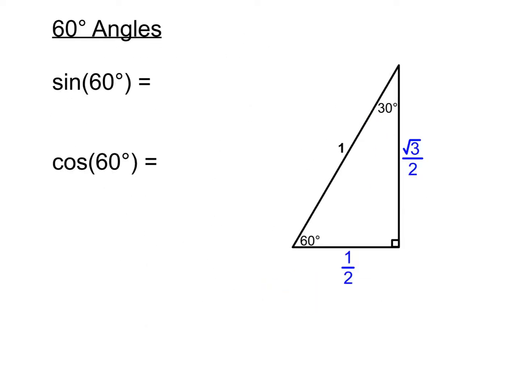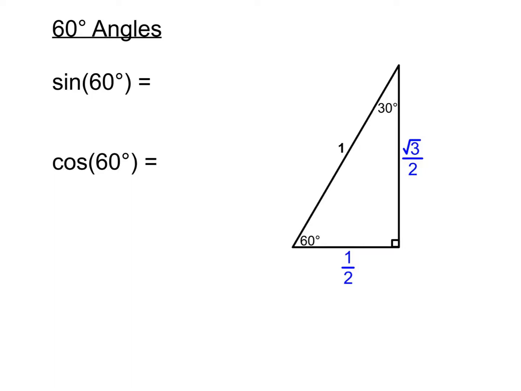Now to break it out, this is the actual picture cleaned up of what those side lengths are. And then we can use that picture to figure out the exact values for sine of 60 degrees and cosine of 60 degrees. So sine of 60. First of all, sine, remember our definition, opposite over hypotenuse, right?